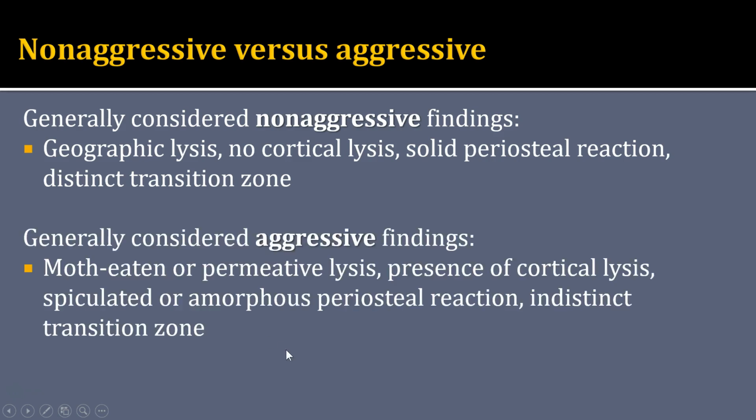The findings we would see on radiographs that are generally considered aggressive include moth-eaten and permeative lysis, presence of actual cortical lysis, spiculated or amorphous periosteal reaction, and an indistinct zone of transition.